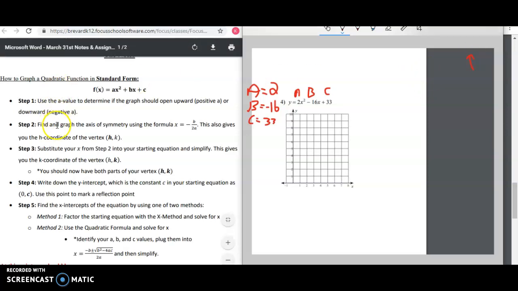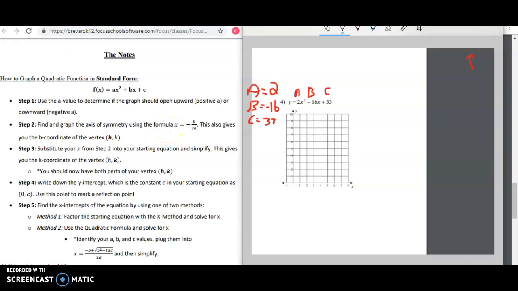Step 2, find and graph the axis of symmetry using the formula x equals negative b over 2a. So, I'm going to go negative b over 2a. Negative b means the opposite of my b. My b is a negative 16.